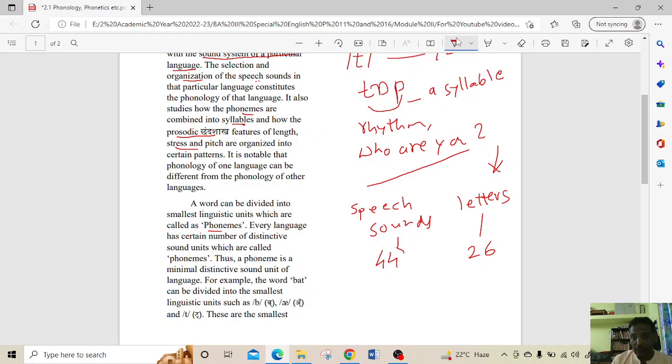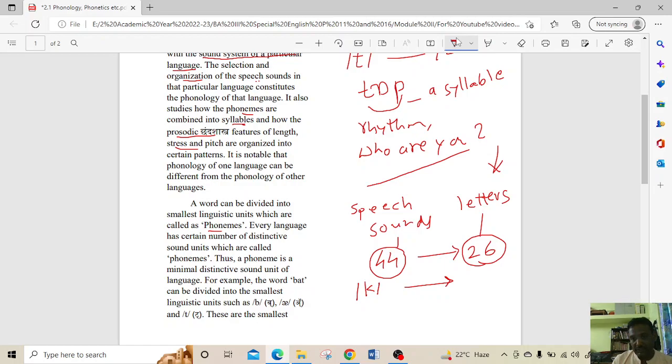Now, these 44 sounds in spelling are written with the help of these 26 letters. For example, the k sound, the symbol for it is this, and the sound symbol is always put into two slanting lines. One of these 44 sounds is the k sound, but in letters it can be represented by different letters.